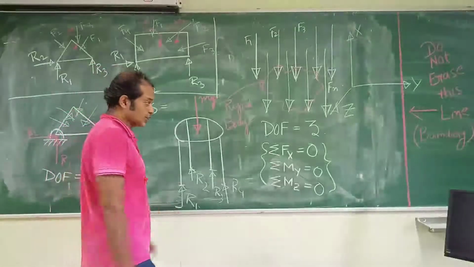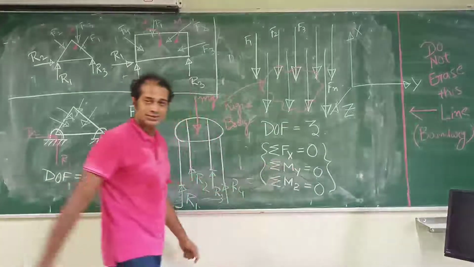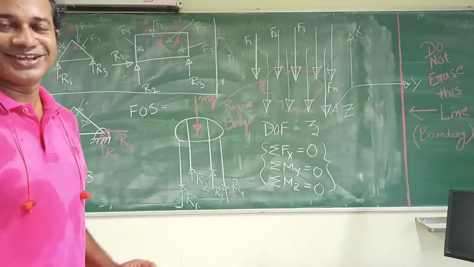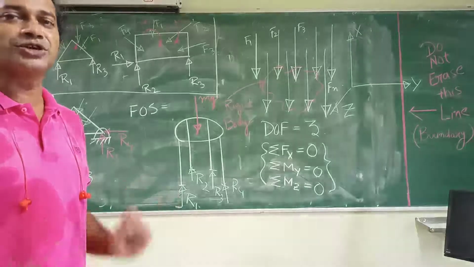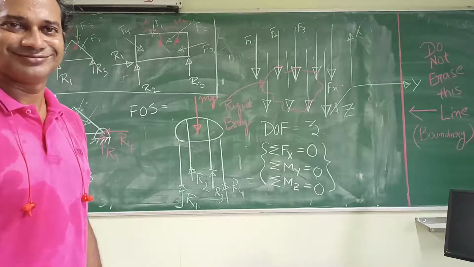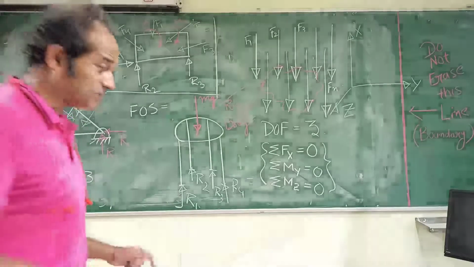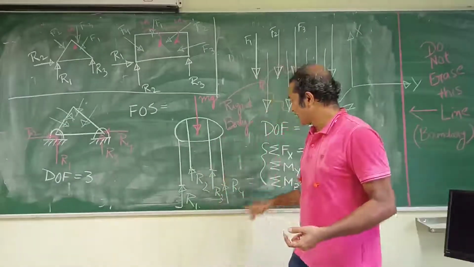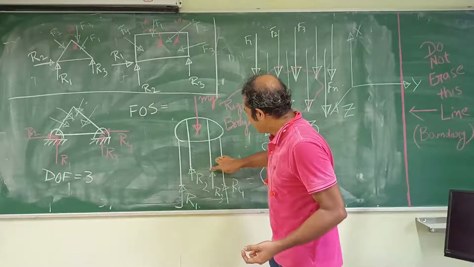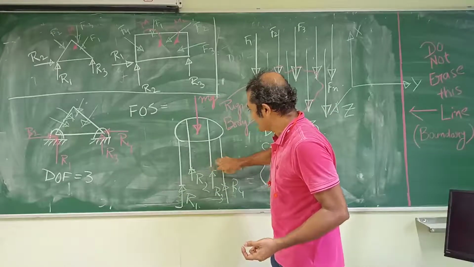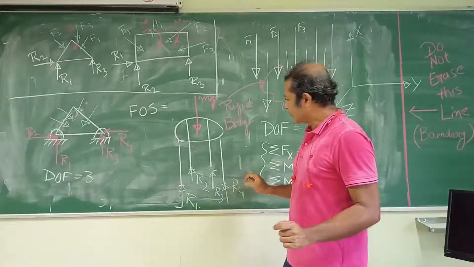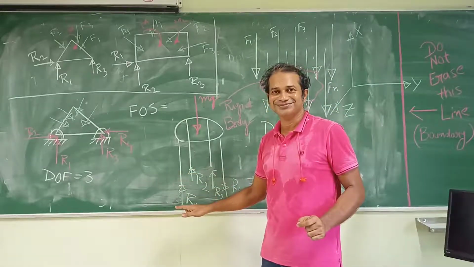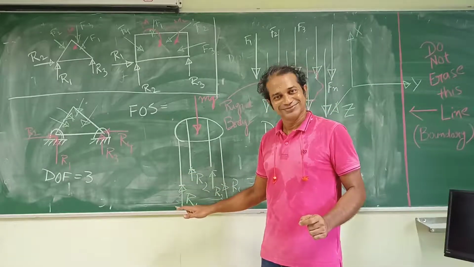From which equations? From these three equations. But can you solve it? You can't solve it. You don't get the unique solution. And what is the effect of it? The effect is that if any such leg is a bit small, then what you are going to get is a 3-member support. Are you understanding?